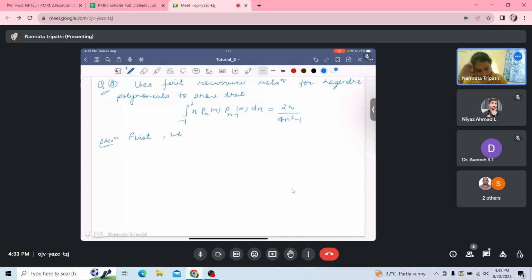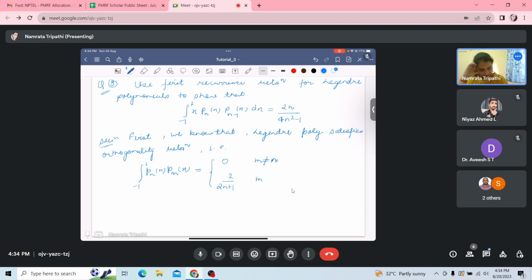First, we know that Legendre polynomials satisfy, as Niyaz says, the integral of Pn x, Pm x is 0 when m is not equal to n, and 2 upon 2n plus 1 when m is equal to n.